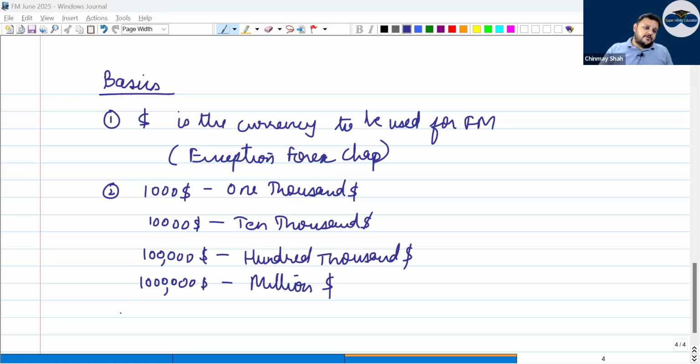Then the most important part before even you start your FM class is understanding the calculator. You can use two types of calculator in your exam, right? A normal calculator, and you can also use a scientific calculator. A lot of students ask me, sir, what should we use, normal calculator or scientific?